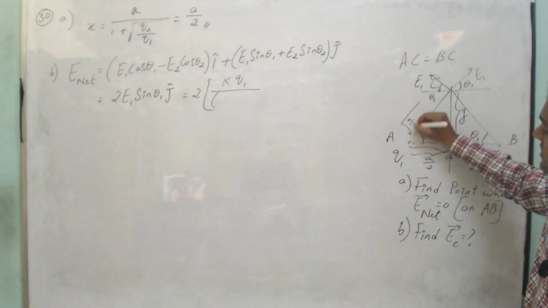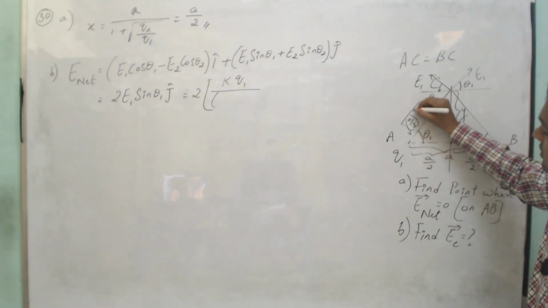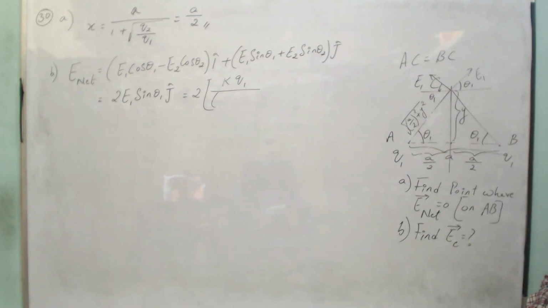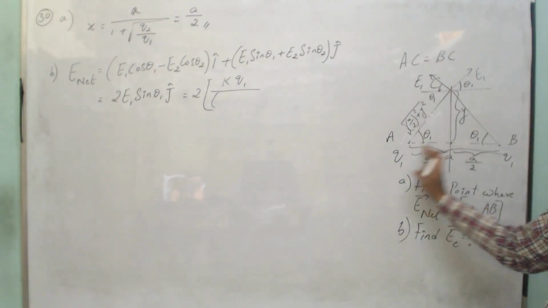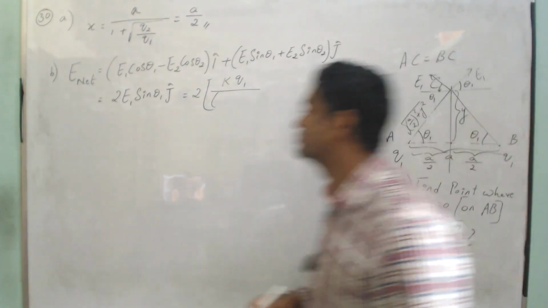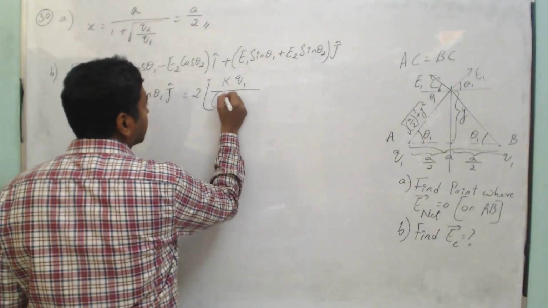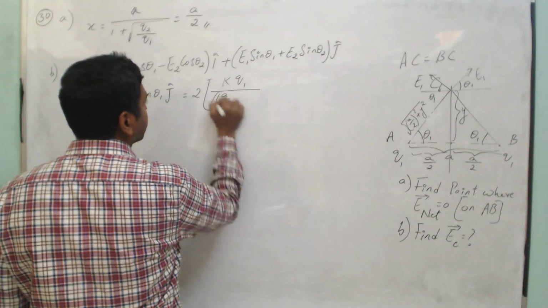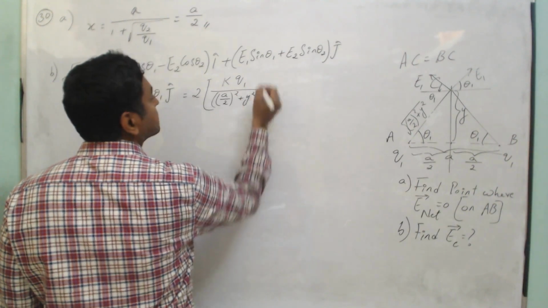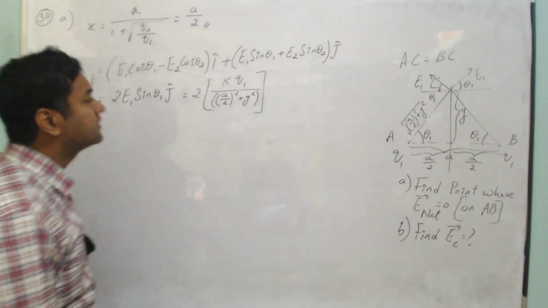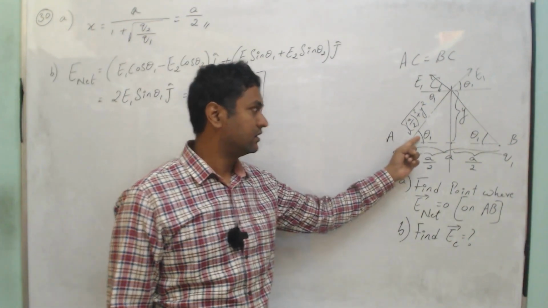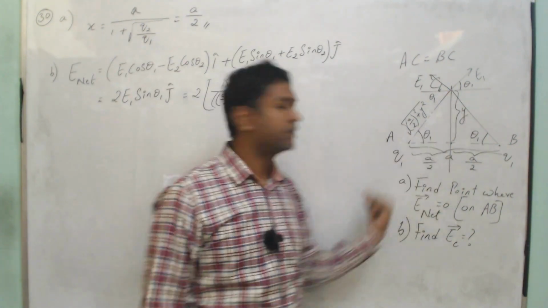We can say a square by 4, which I am writing as a by 2 whole square plus y square. Correct? Under root of a by 2 whole square plus y square is the hypotenuse. Here I will get a by 2 whole square plus y square. That's it. Right? And in place of sine theta 1, I'll have opposite by hypotenuse.